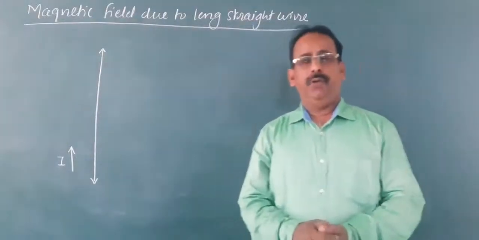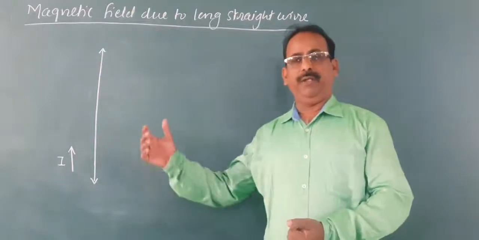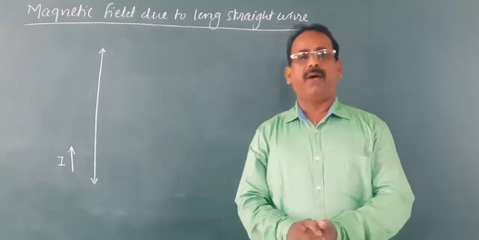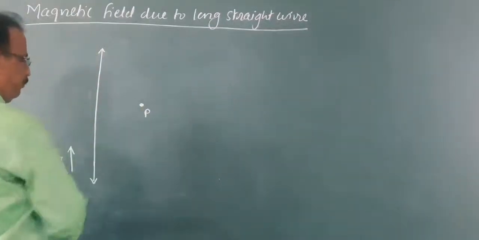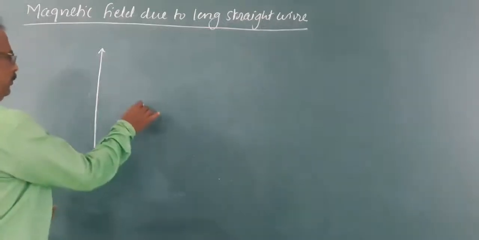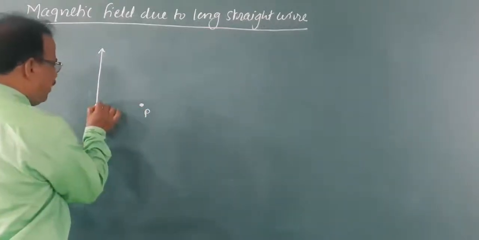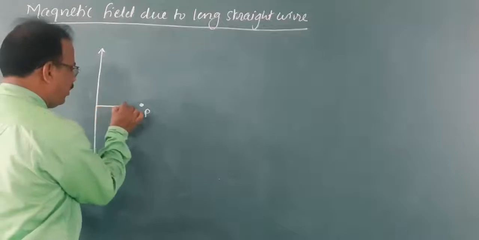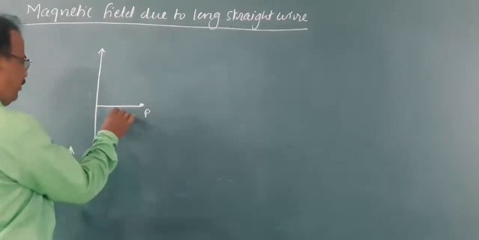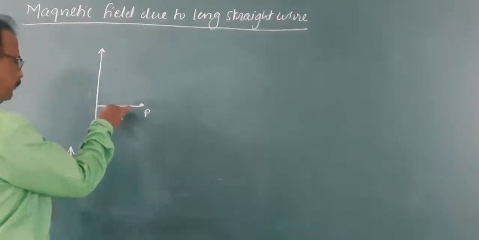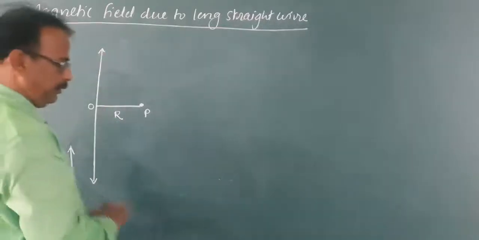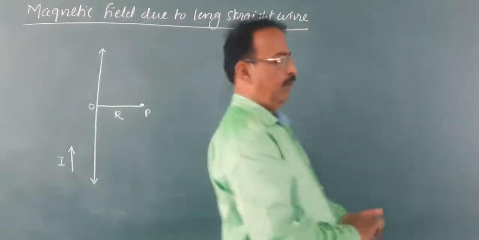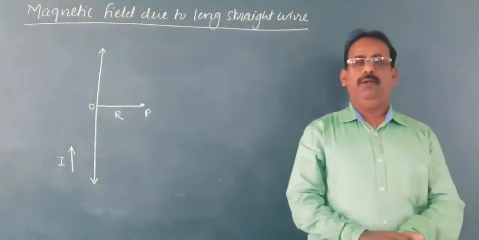Here, we are going to find the magnetic field produced by this current carrying straight wire at point P. Suppose this is that point P. Take the perpendicular distance of this point P equal to r. Suppose this OP is the perpendicular to this wire.